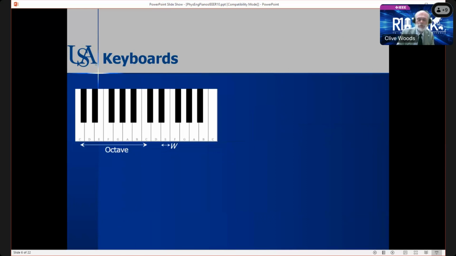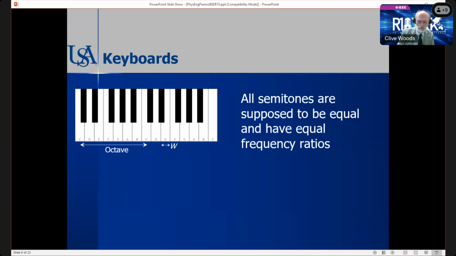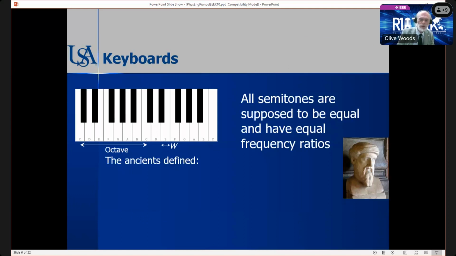But let's think about something a little bit more technical on keyboards. And again, this arises from all the semitones are supposed to have equal frequency ratios. Here is some musical theory that was known to the ancients, and I don't know how many of you recognize that guy.